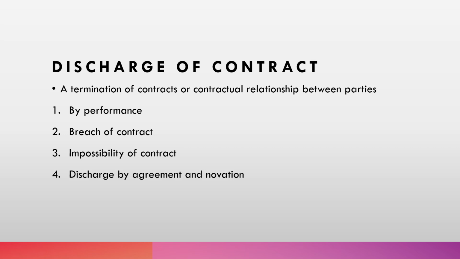As per the conditions, as per the promise, if someone is not performing that duty, then there is discharge of contract. Then impossibility of contract means we have done some contract, we have included the terms or the rules and regulations, but now it is impossible to perform.